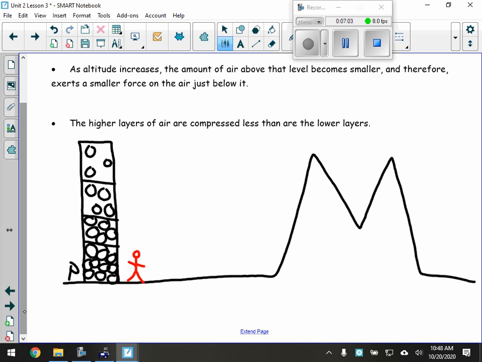I'm going to kind of keep this the same here. By the way, what is this? What's this over here? You know how you know it's a mountain? Because it's got a big M, for mountain.